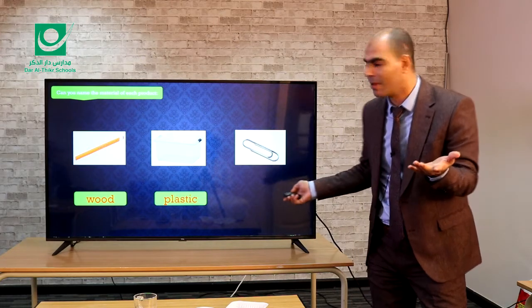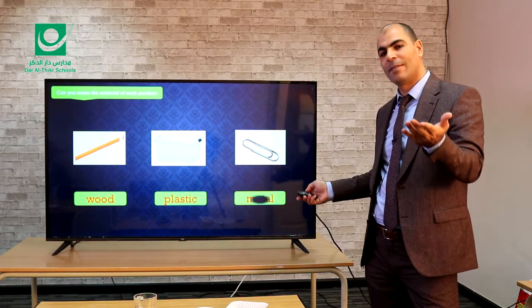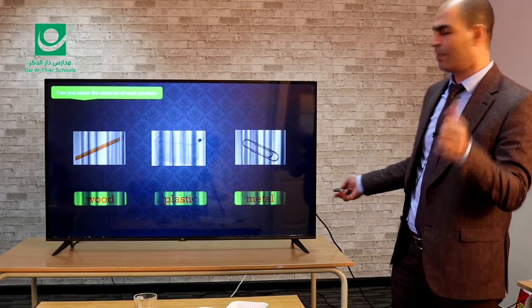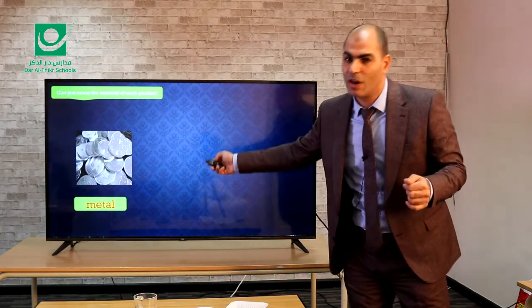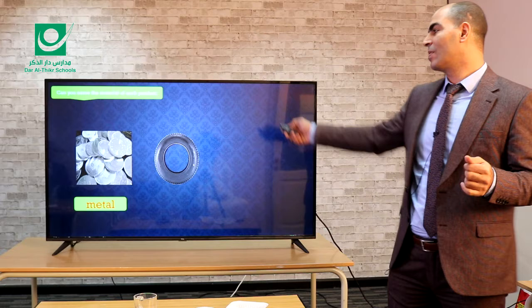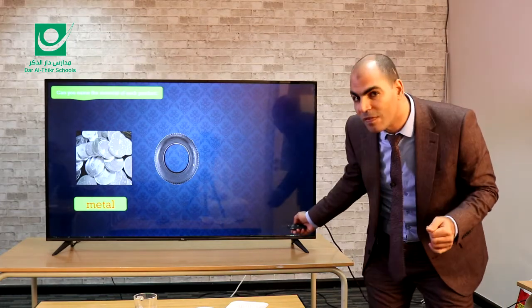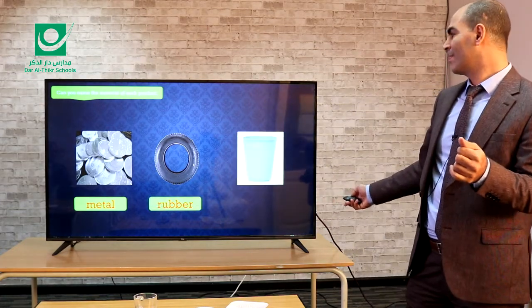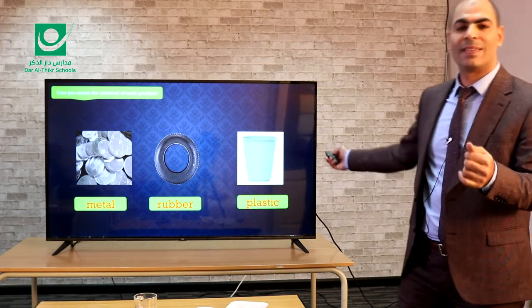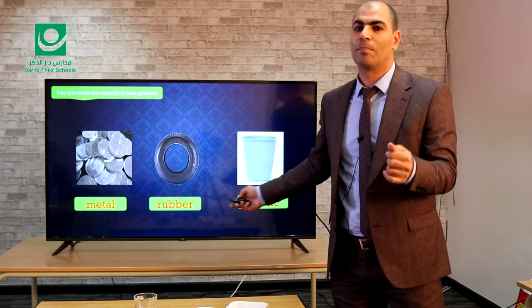What material? Metal. Now look at this. Coins are made of metal. The car tire is made out of wood? No, it's rubber. And this is made out of plastic.